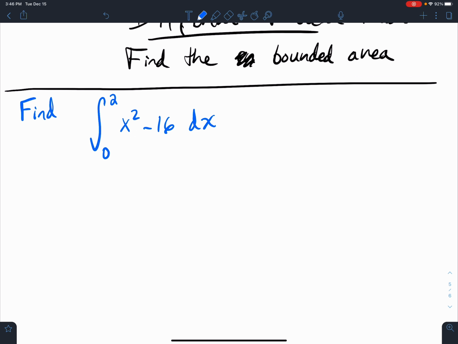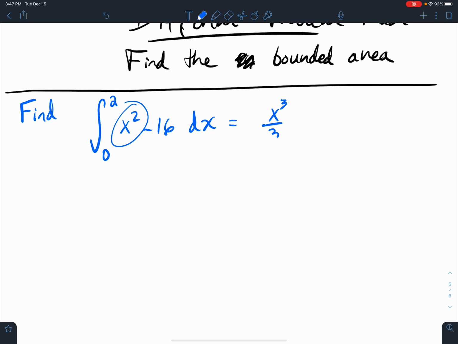All right, so the integral from 0 to 2 of x squared minus 16 dx. So if I calculate this, the antiderivative for x squared is x cubed over 3. The antiderivative for negative 16 is negative 16x. Evaluated from 0 to 2.